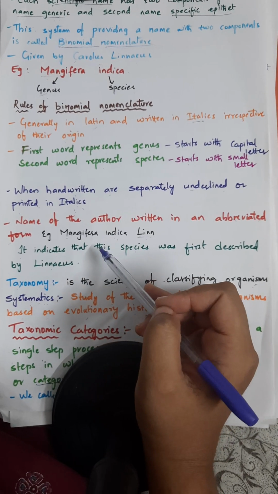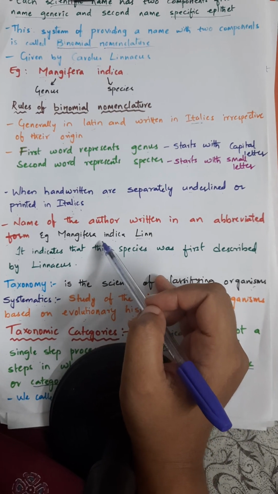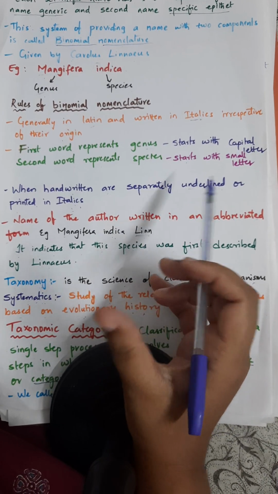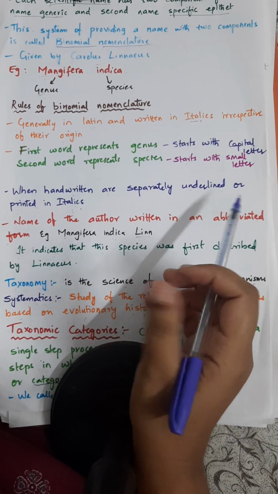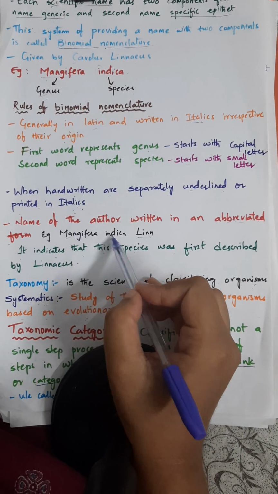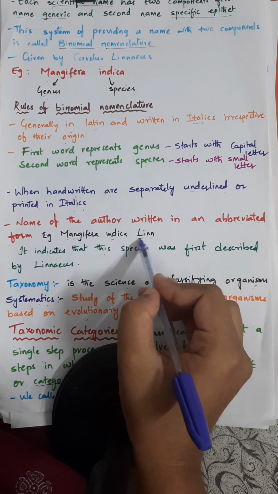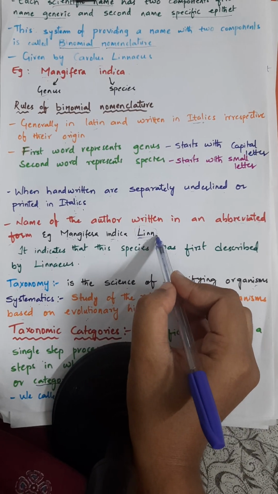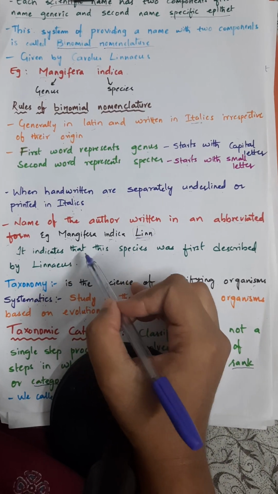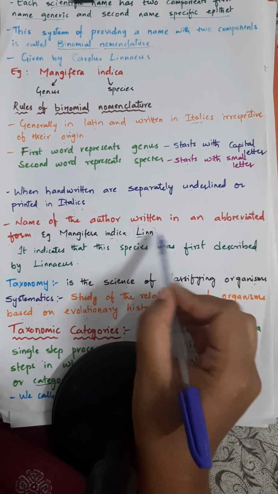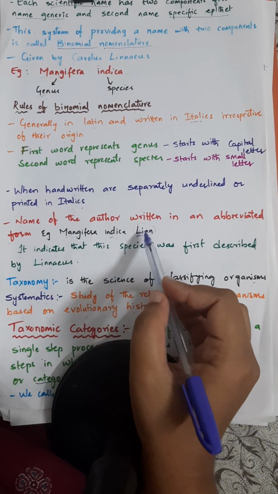The scientist who discovered that particular organism, that scientist's name should be written in abbreviated form. Mangifera indica is the scientific name of mango, and here we write Linnaeus in the short, abbreviated form. It indicates that this species Mangifera indica was first described by the scientist Linnaeus.